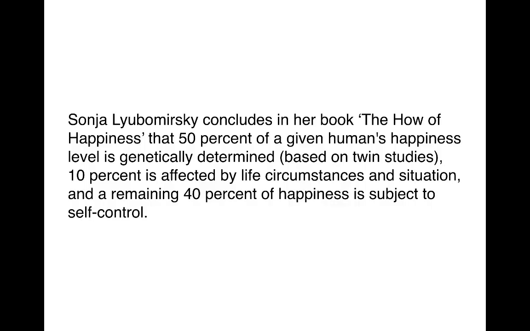So what's Sonia Lyubomirsky saying? Well, she's written this book, and it's saying that 50% of happiness is genetic, and 10% is life circumstances, and 40% self-control. So she's giving these different percentages of what makes happiness.